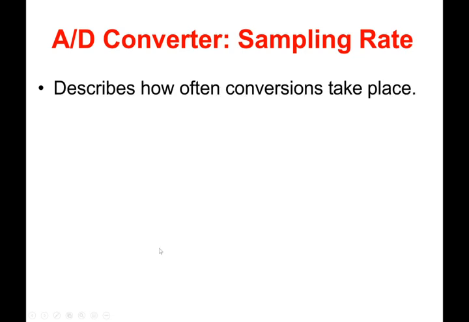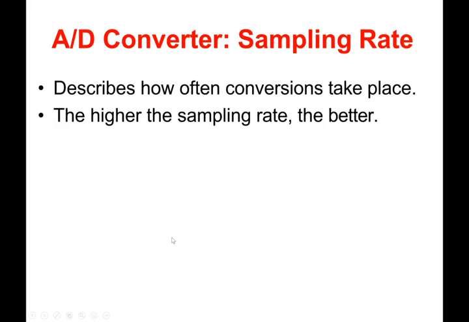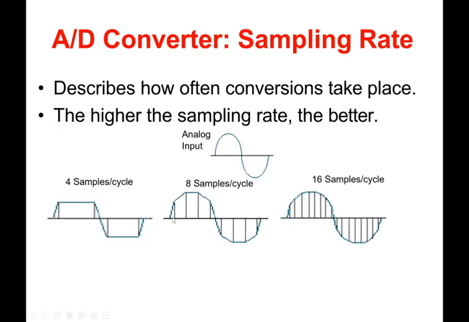And what is the sampling rate again? It describes how often conversion takes place. The higher the sampling rate, the better, of course. And an example of your sampling is, let's say you have an analog input that looks like this. If you have 4 samples per each cycle, these are the points when you are reading the sample. So your wave will look like this.